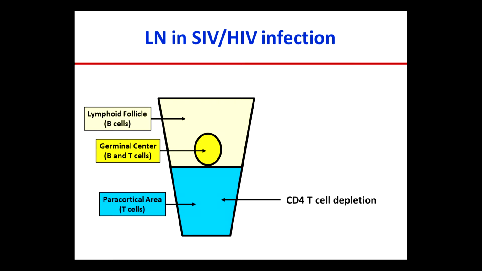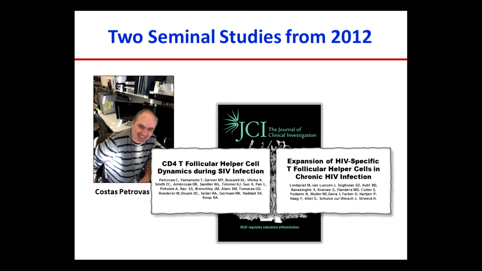And that was shown, and you saw the data in Hendrik's talk, from two papers that were published at the same time, one from my group looking at SIV-infected lymph nodes, and from Hendrik's group looking at HIV-infected lymph nodes.